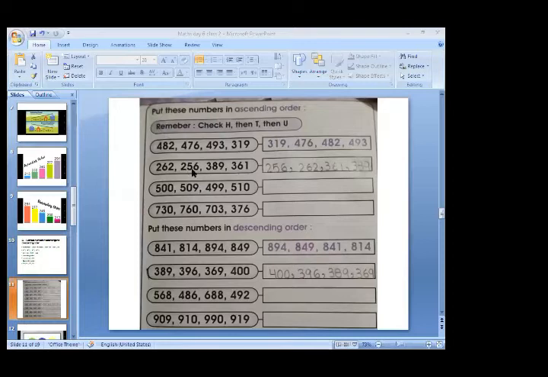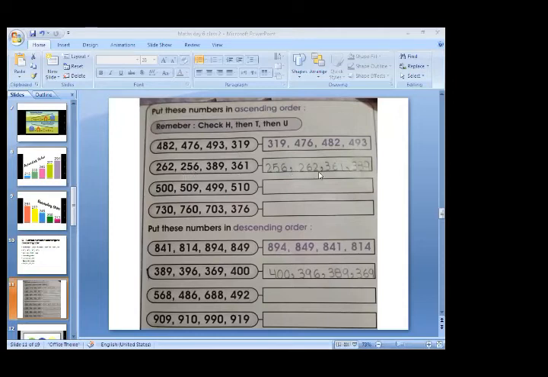After 256, three values are remaining: 262, 389, and 361. In these three values, which one is smaller? 262. So after 256, we write 262, comma.